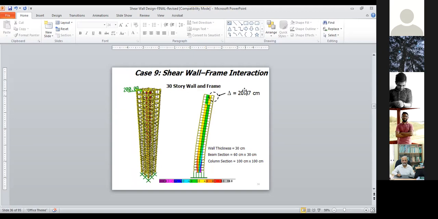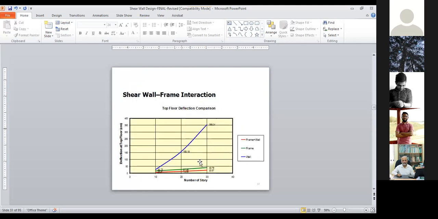That's why your frame needs to take some shear force, because if the frame system is very weak, maybe you cannot get the benefit we are talking about. That's why, in the case of a dual system, you need to have a stronger frame system also.